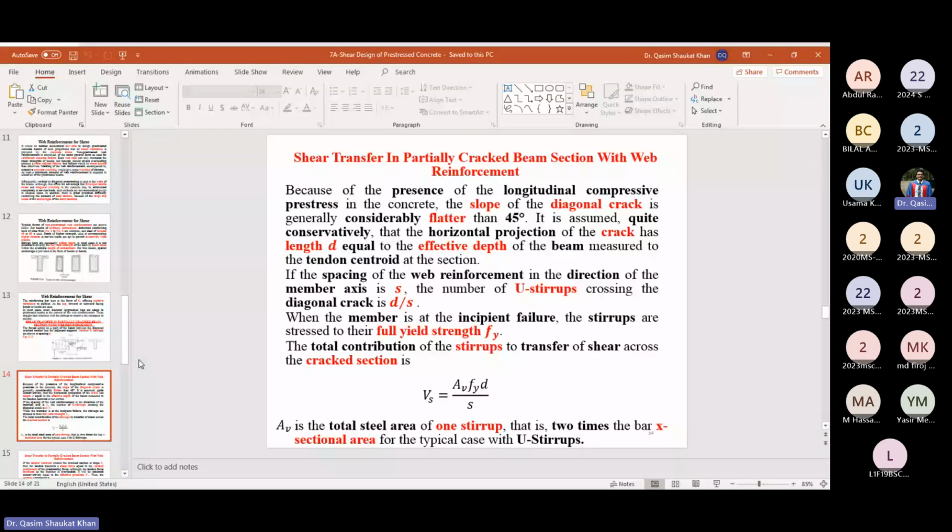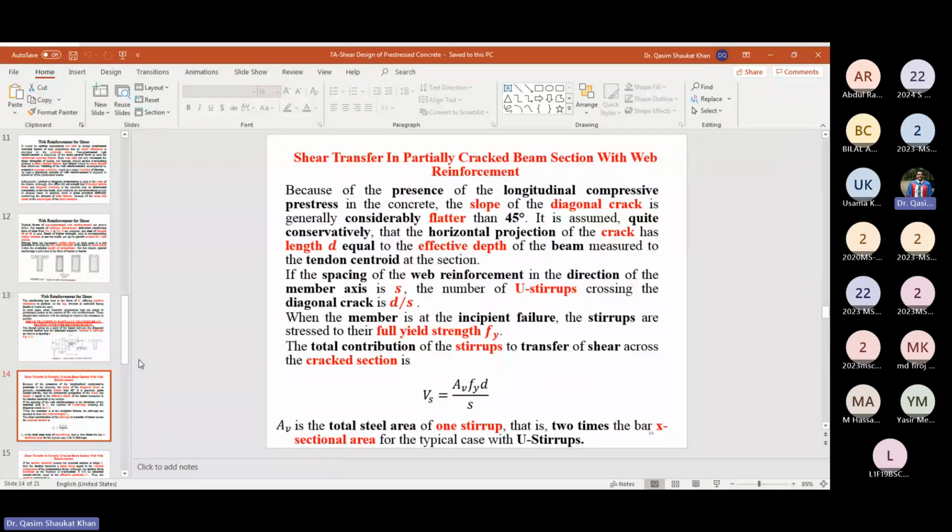Hog means that you have compressive stresses at the bottom, and tensile stresses at the top. So the slope of the diagonal crack is generally flatter than 45 degrees. It means that instead of having the web shear crack, we are going towards flexure shear cracks. So flexure shear cracks will be more common.